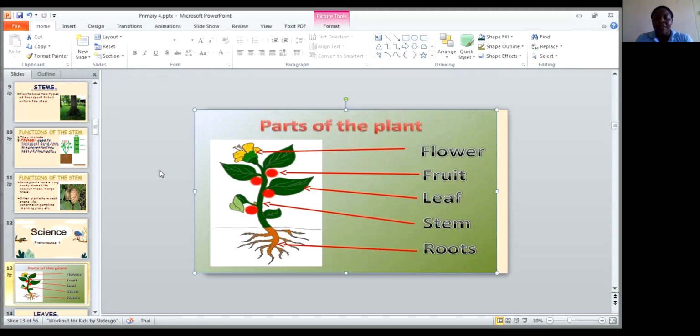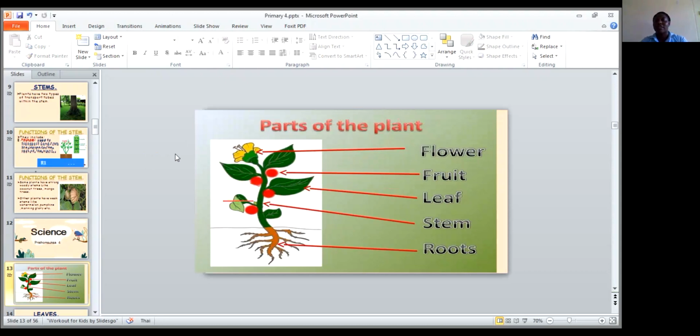Plants like carrots and cassava can store food inside the soil. Some plants can store food in the soil. Students, you remember?